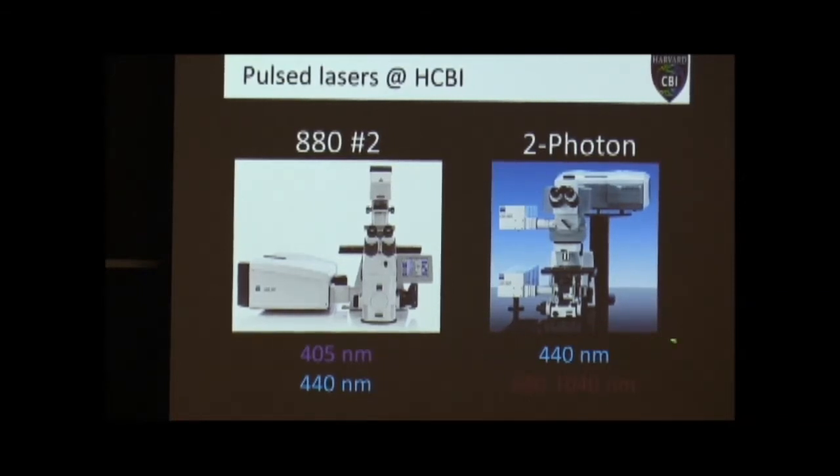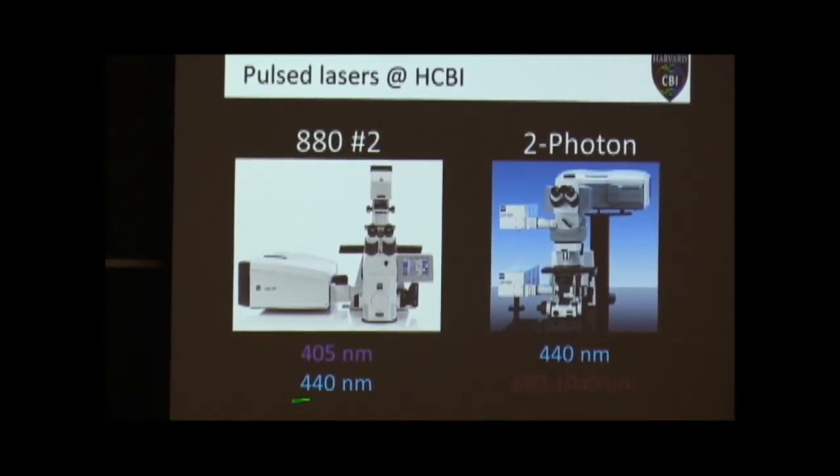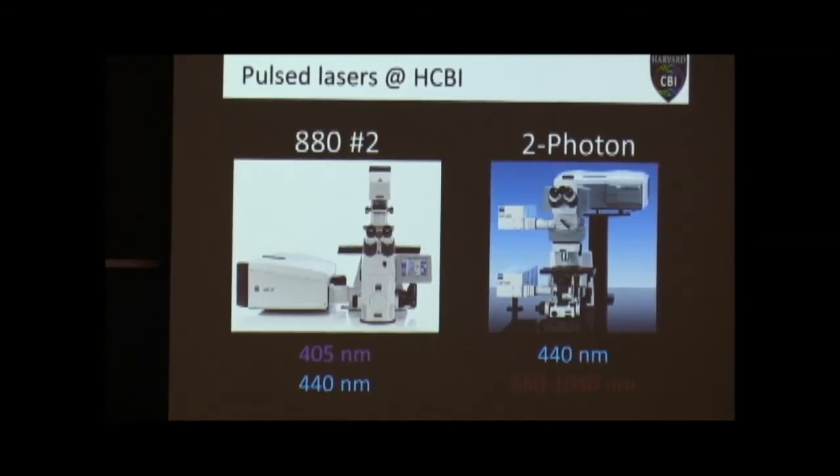It will have the pulsed 440 laser, and the two-photon laser, which can in theory excite most dyes that you're going to be using, is also pulsed. Although it looks like we can't excite that many dyes because we only have these near UV and blue lasers, this tunable laser can excite quite a number of dyes. So we do have the ability to measure FLIM on a number of different materials.